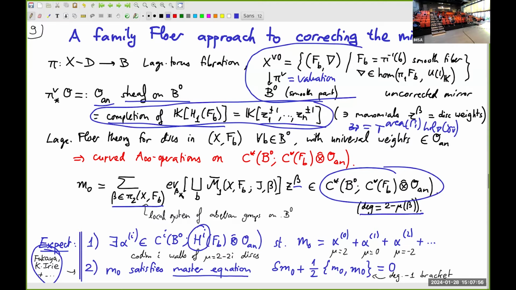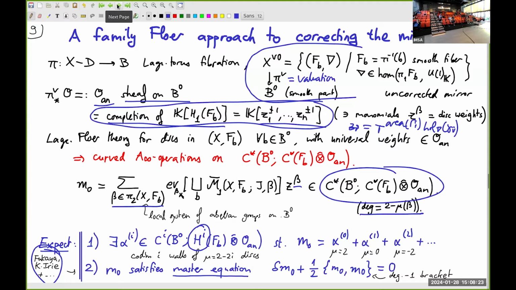But what Fukaya and Irie pointed out is if you enhance Floer theory over a loop space, then there is a loop space valued M0, and that one wants to satisfy the Maurer-Cartan equation because of how boundaries of holomorphic disks want to break into pairs of boundary loops of holomorphic disks. Okay. So we'll get back to that at some point.